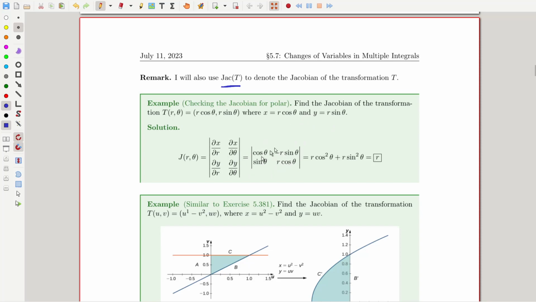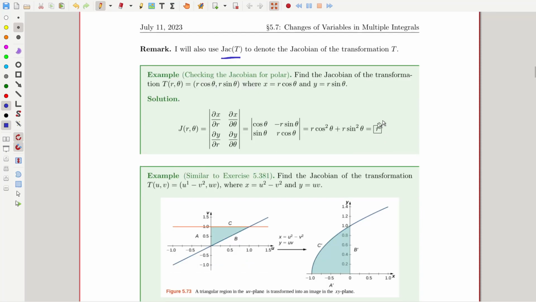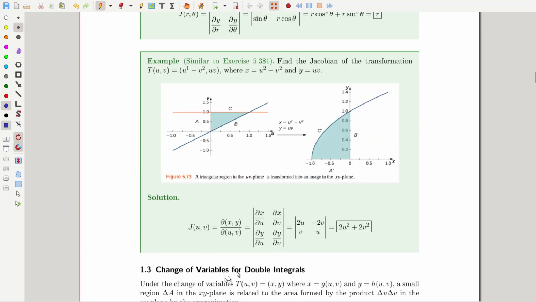And then when you do the determinant calculation, you get r cosine squared plus r sine squared, and then factor out the r, and that simplifies to give you just r. And so we'll tie this into the actual conversion between integrals in different coordinate systems in this section.